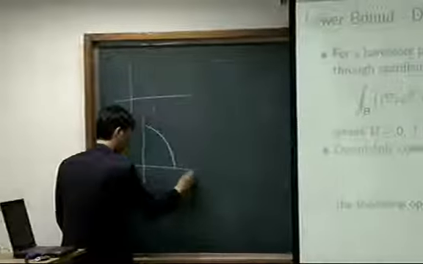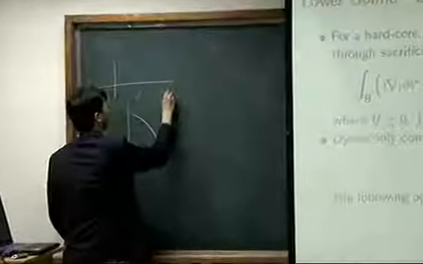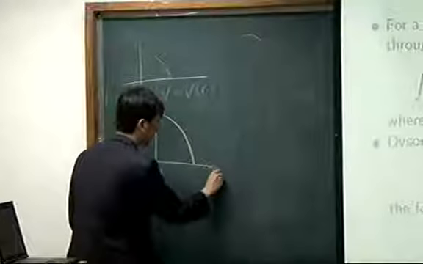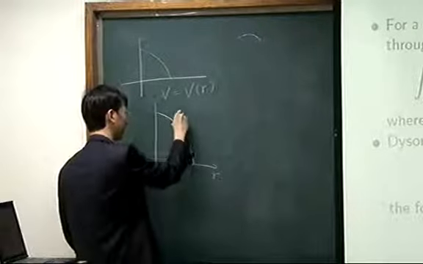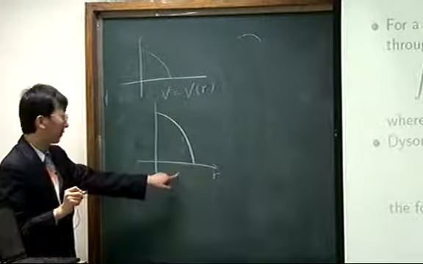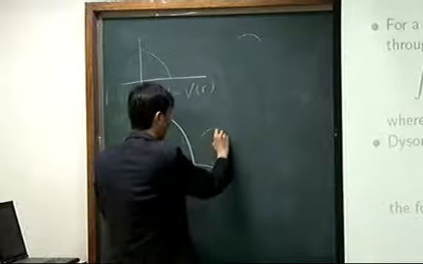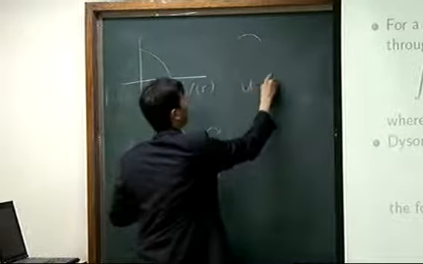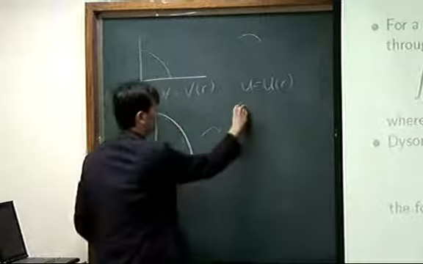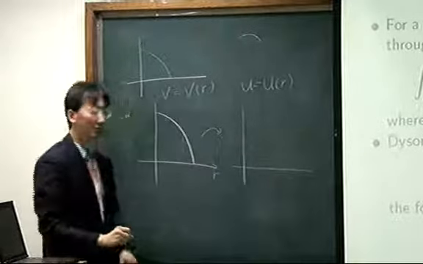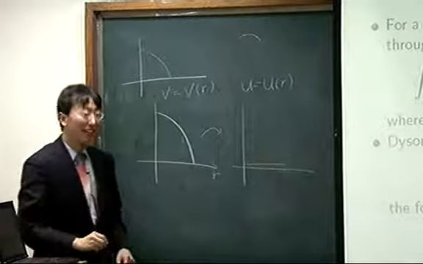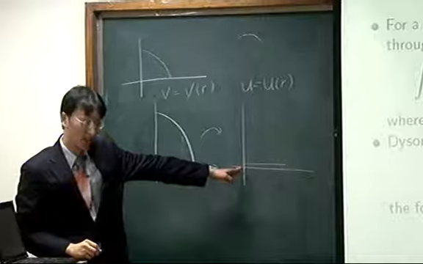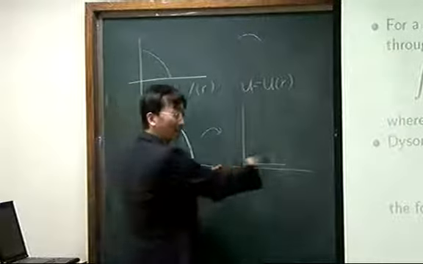So this is V. If V equals V of r, then this x is r. So this is some number, and a is usually somewhere like this. But then, if you can convert this into a different potential, U, so that this is very small, like this, and this is a very long-range potential. It's very long.